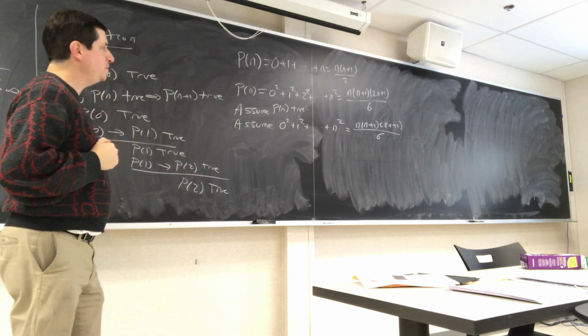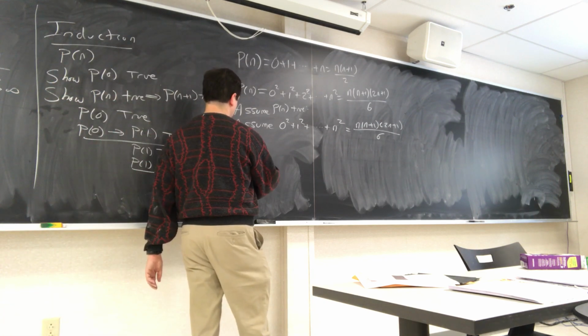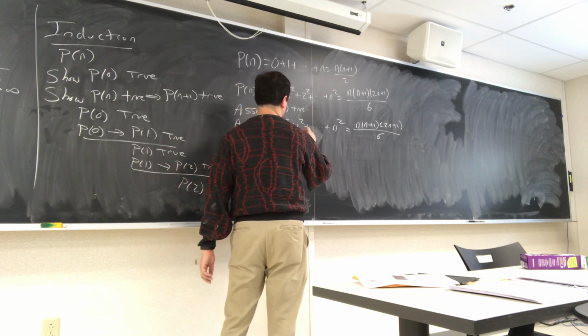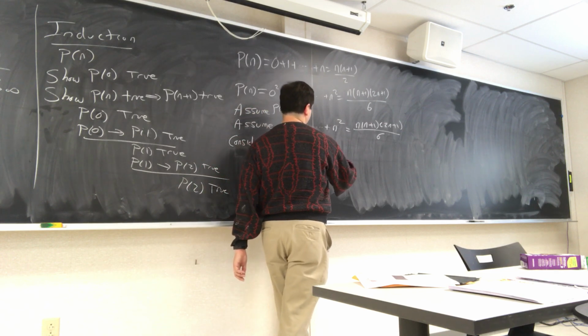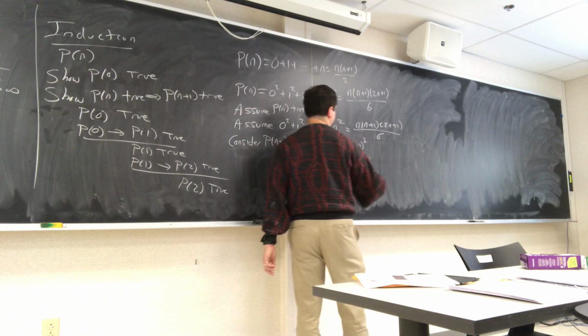Now we want to show that Pn plus 1 is true. So let's consider Pn plus 1. That's 0 squared plus 1 squared plus up to n squared plus n plus 1 squared.